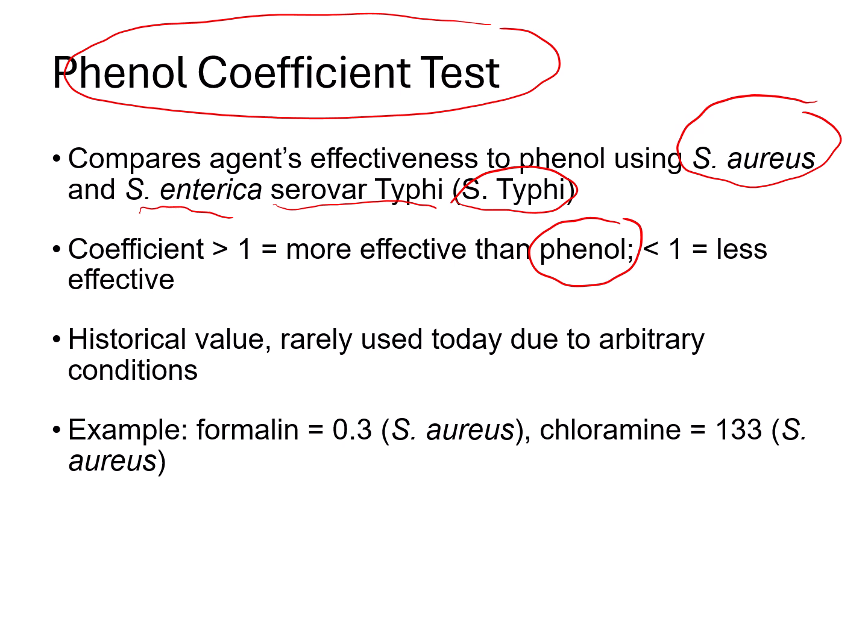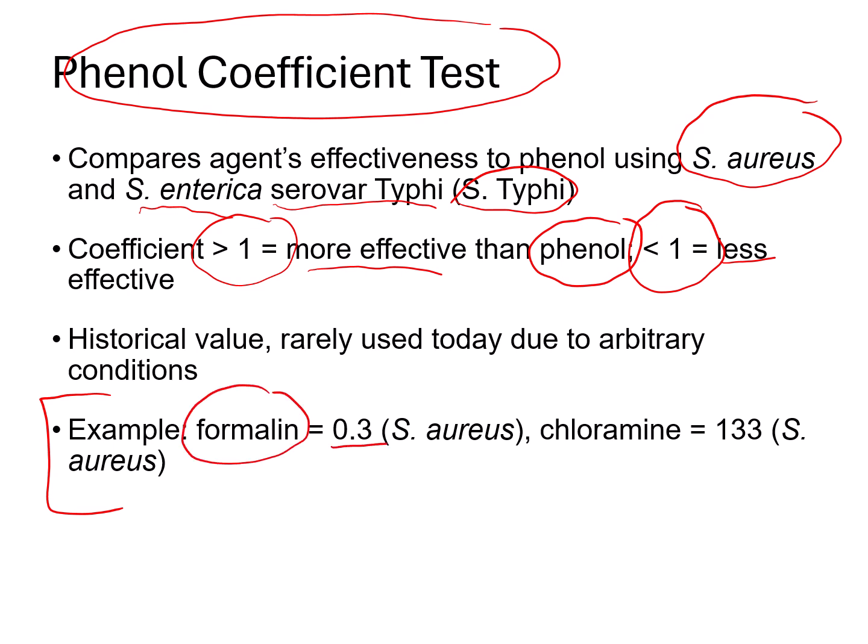So a phenol coefficient greater than 1 means that the chemical you're testing, that disinfectant you're testing, is more effective than phenol. If you get a coefficient less than 1, that means it's less effective than phenol. So here are some examples down here. Formalin has a coefficient of 0.3. So this is against S. aureus.